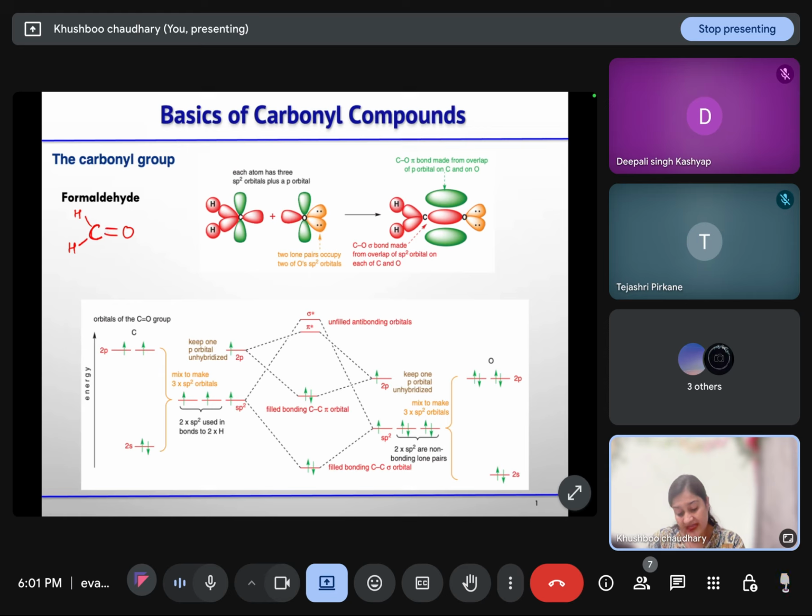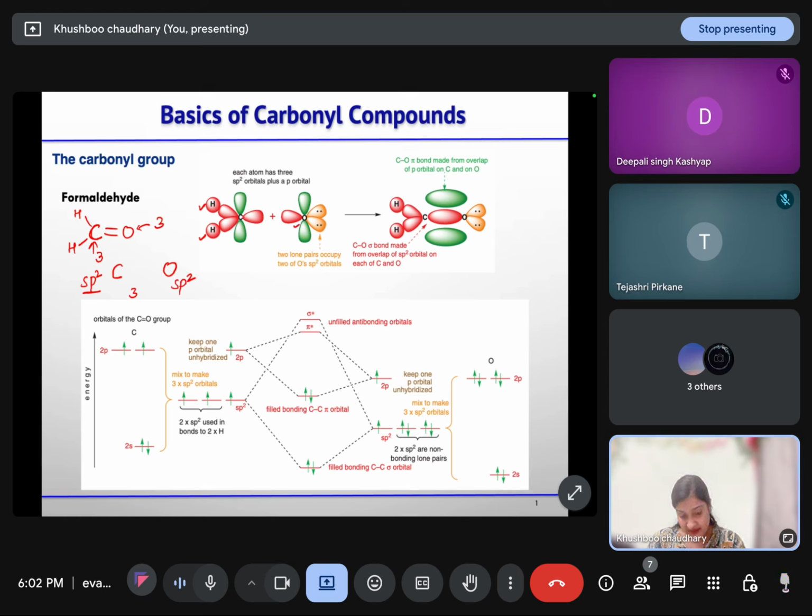Now, in the case of formaldehyde, you have a carbon and an oxygen. Both of them are sp2 hybridized. Carbon has three sp2 hybrid orbitals, and oxygen also has three sp2 hybrid orbitals. Carbon uses its three sp2 hybrid orbitals to form bonds with two hydrogens and one sigma bond with oxygen.